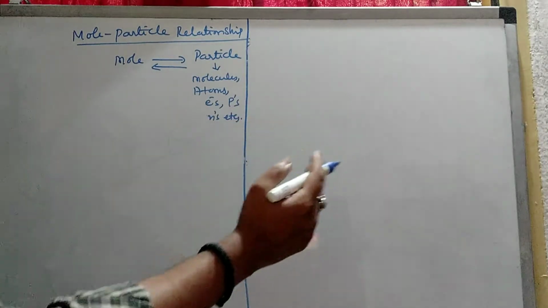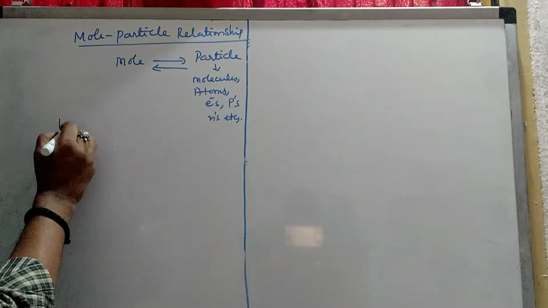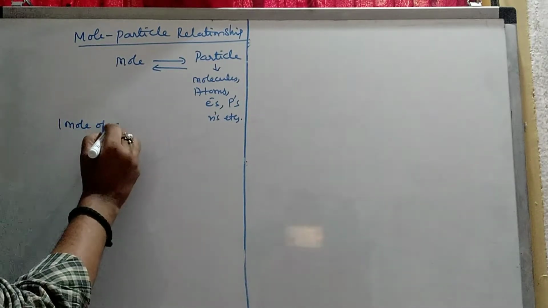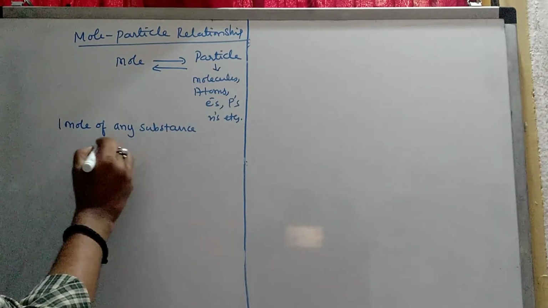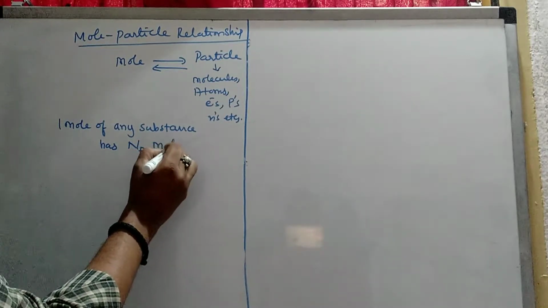How are these two correlated? As you know, 1 mole of any substance has Avogadro number of molecules.